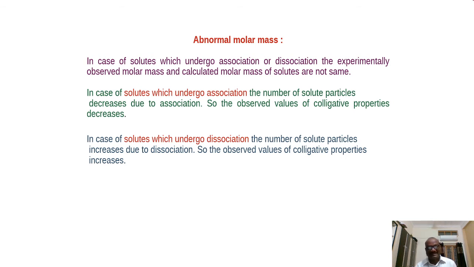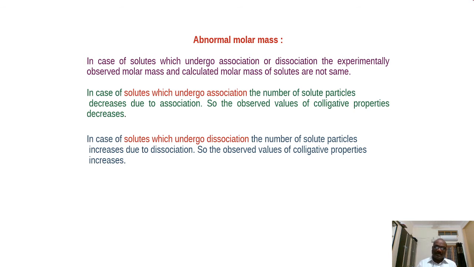Similarly, in the case of acetic acid, in the presence of benzene, acetic acid will associate as a dimer, when two molecules associate together. This means the size of the particle is increasing and the number of particles in the system is decreasing due to association.